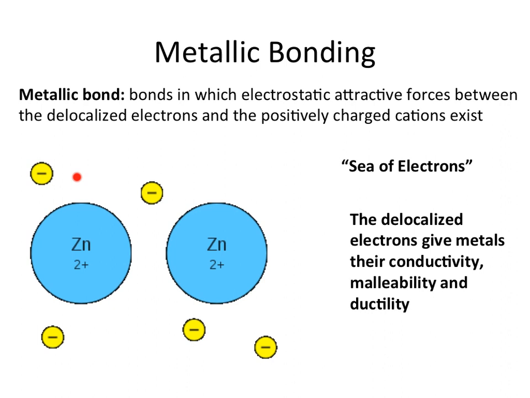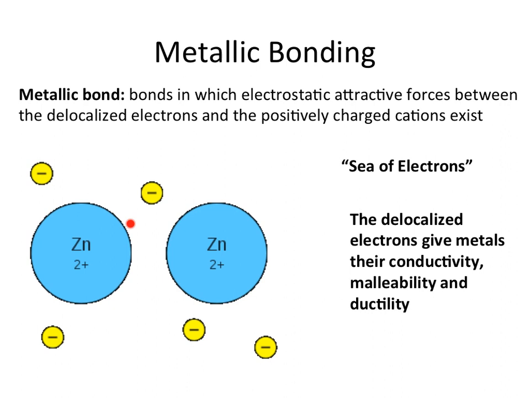The fact that these electrons are delocalized gives metals some of their features, such as malleability. When you take a hammer to a piece of metal, the metal doesn't crumble into a million pieces, it usually just forms a dent.